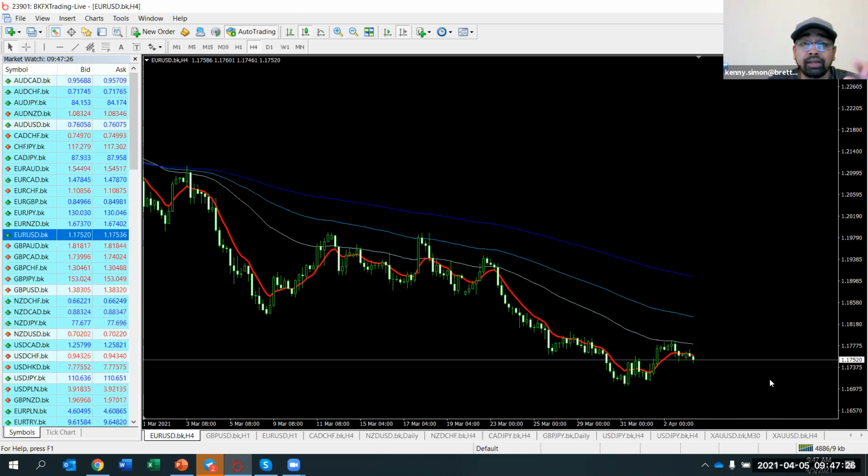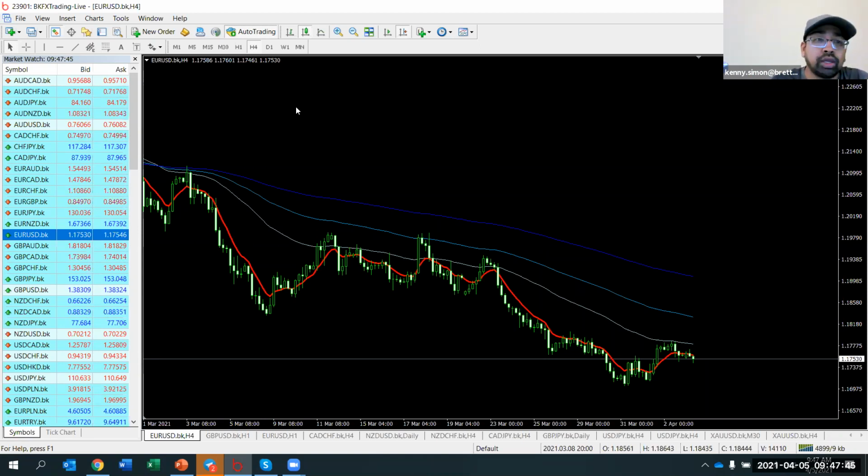What does that mean? That means that there's a high probability for it to come down and reverse at the 1.1720 area, reverse to go up. Or if it decides to go up, then it might go up and reverse very close to the 1.1780 psychological number.